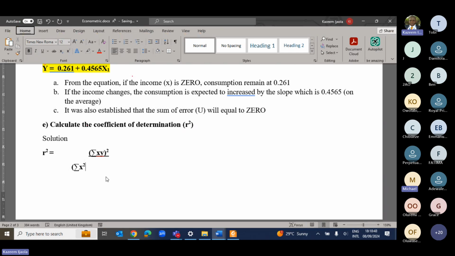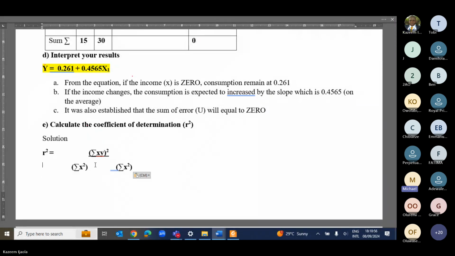So this one, I'll copy it, I'll paste it. If you want to calculate your r square, this is the formula for r square. So summation xy raised to power 2, divided by summation x square into summation y square. So this is the formula for your r square.